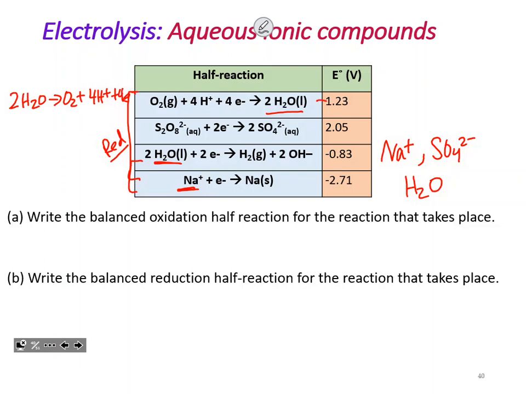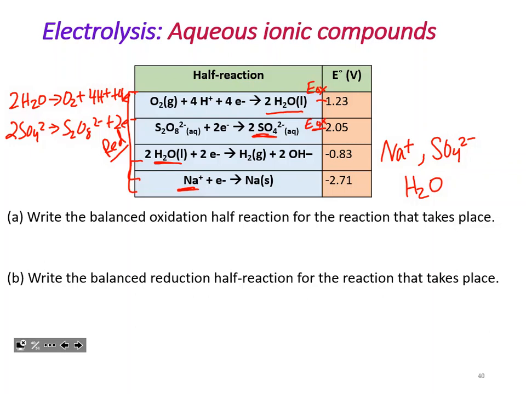And then we want the sulfate as the reactant here, so we would want to flip that one. So 2 sulfates going to the other compounds here. That would make this one negative. This is for the E-ox in terms of those.